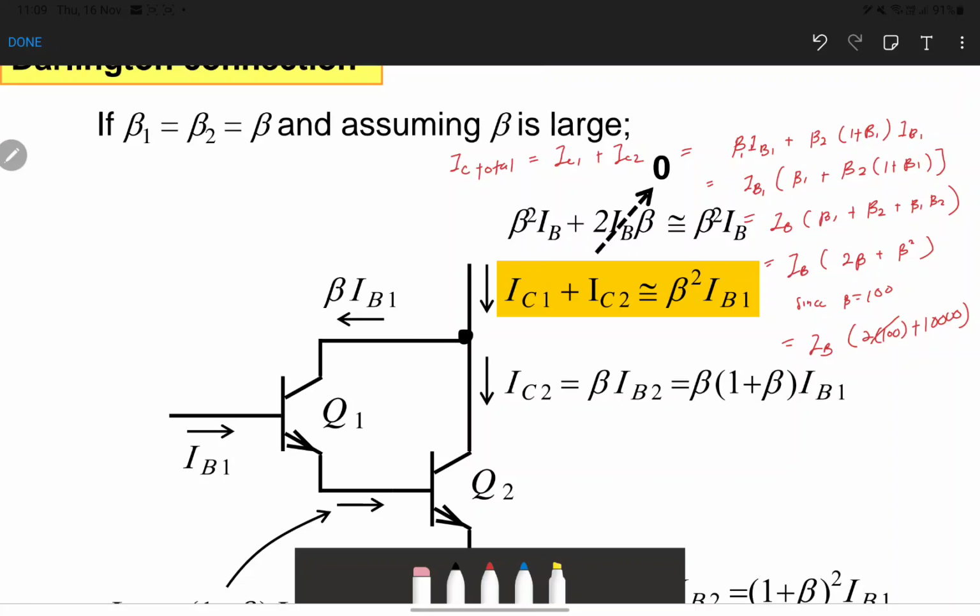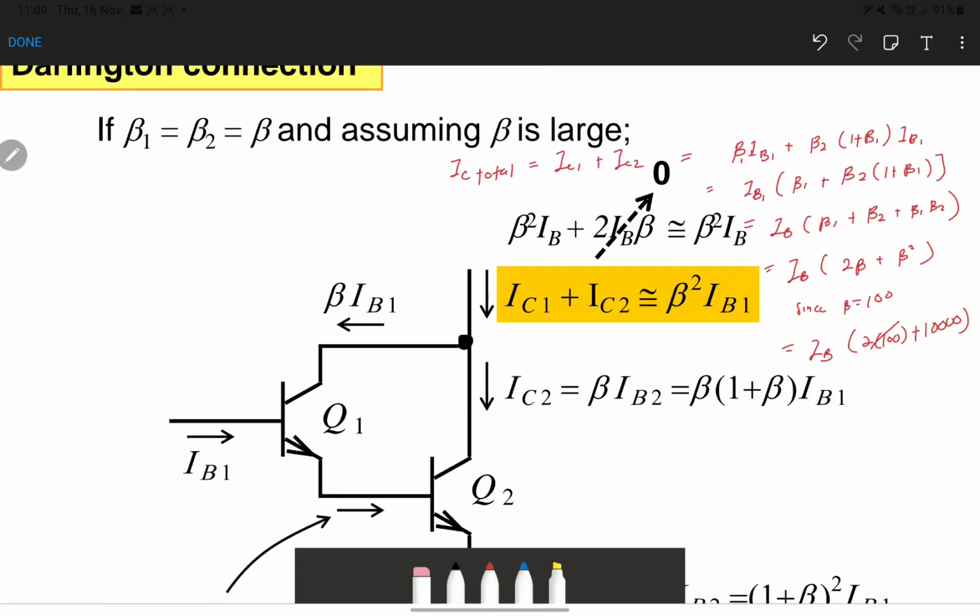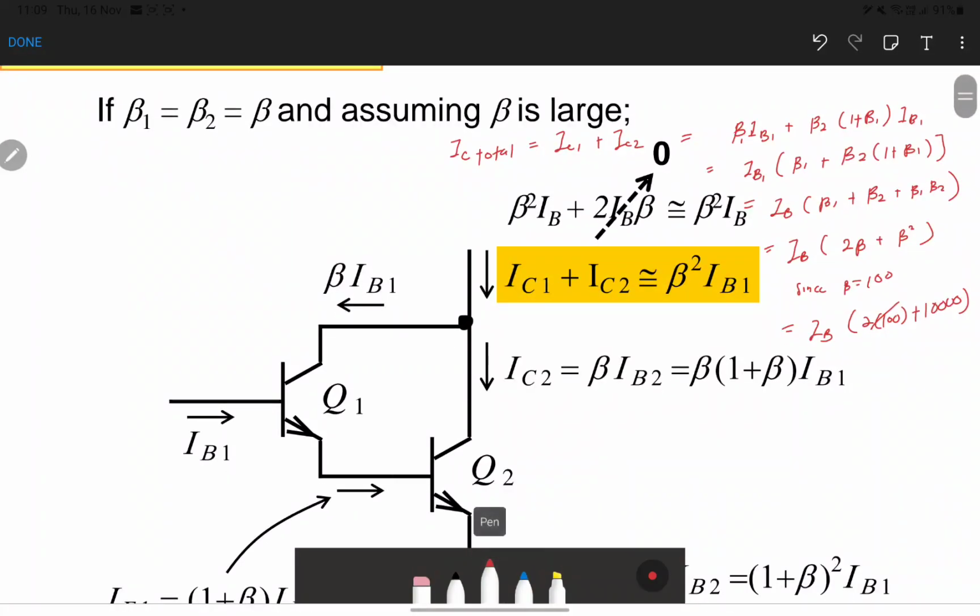If the question gives beta 1 and beta 2 the same value, for example 100, we can assume beta 1 and beta 2 are the same beta. Like I said, IC total equals IC1 plus IC2.